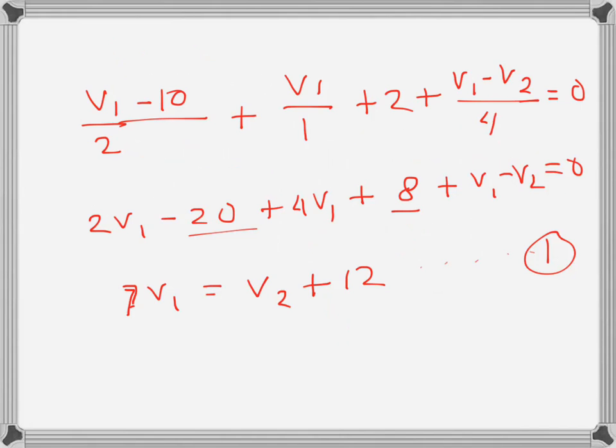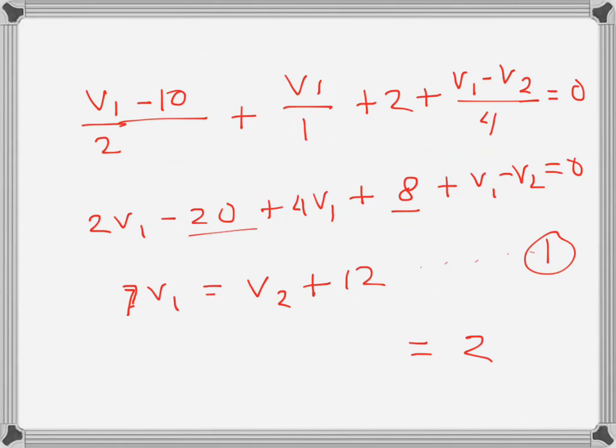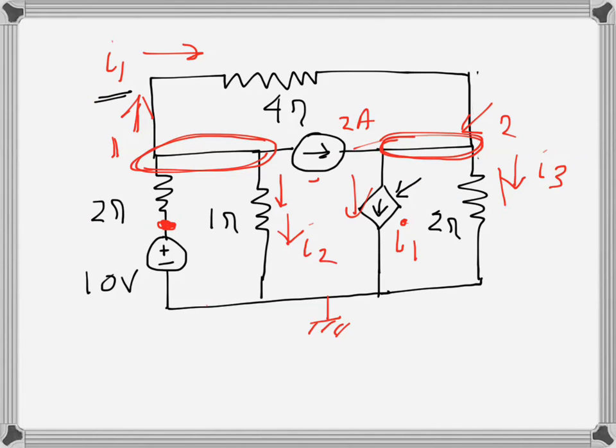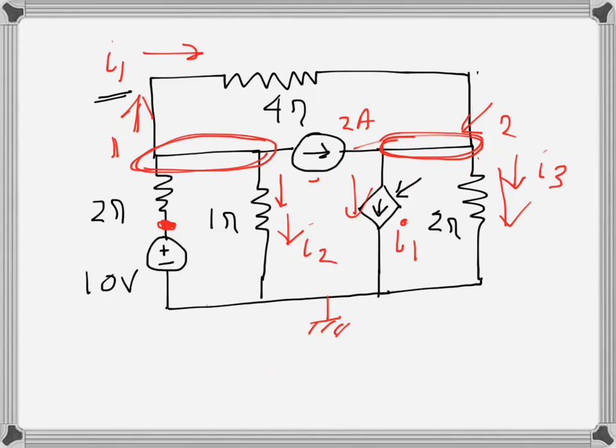Now for the other node V2, I will write the equations. The entering current is my 2, so I'm writing it on the right hand side. And then there is this leaving current, which is I1, plus this one, V2 over 2, and then finally the current is negative I1.